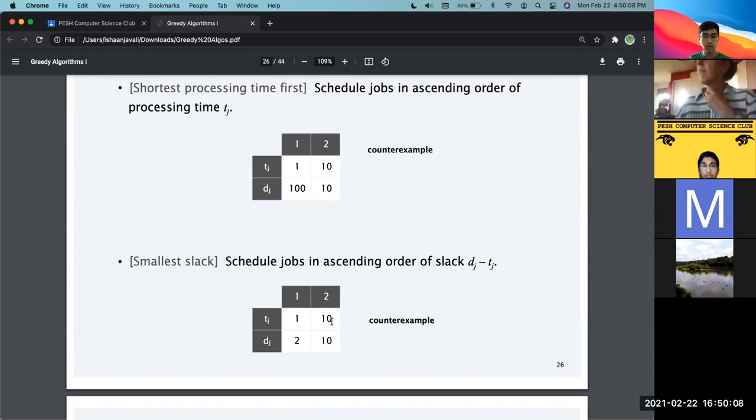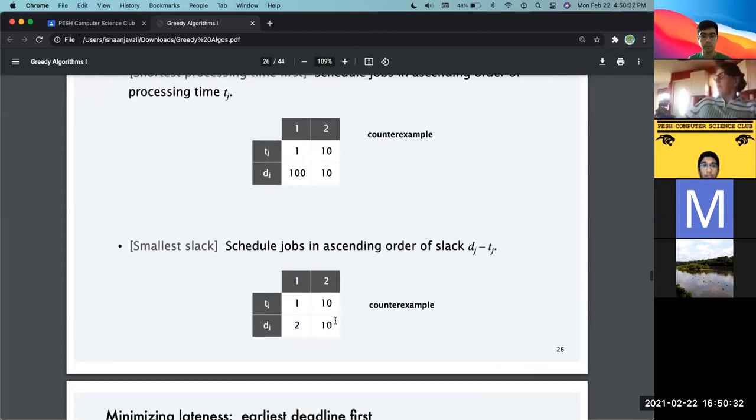But then if we start job 1 at time 10, we're going to finish it at time 11, and it's due at time 2. So that's 9 hours late, which is not good. Whereas if we'd done job 1 first, we would get that done very quickly because it takes 1 hour to do, and our lateness would only be 1.